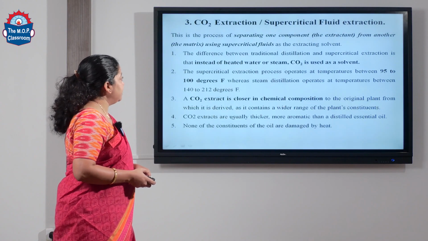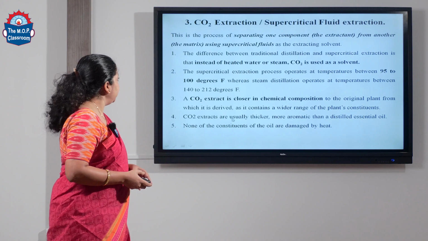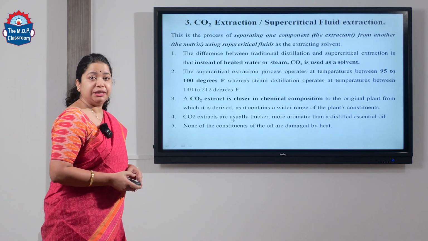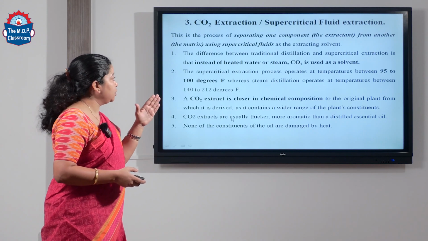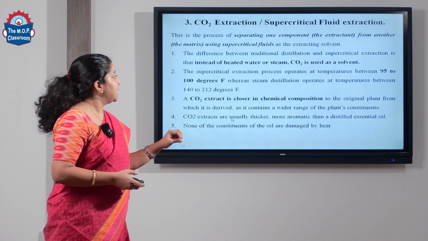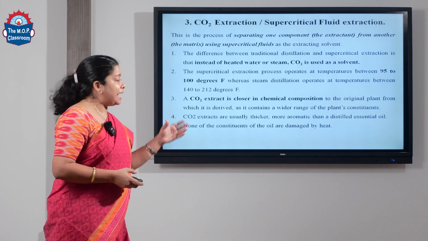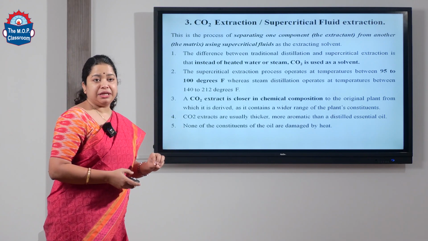The next process we are talking about is carbon dioxide extraction, or the supercritical fluid extraction process. Here the process is of separating one component, the extractant, from another, the matrix, using a supercritical fluid, and we use carbon dioxide as the supercritical solvent.